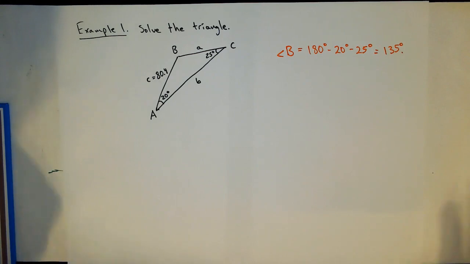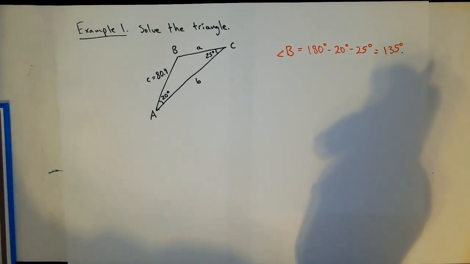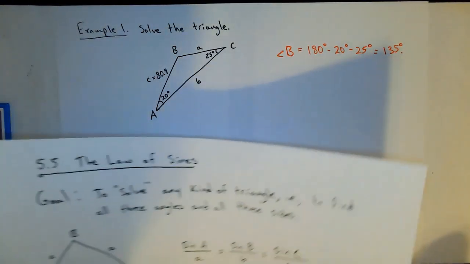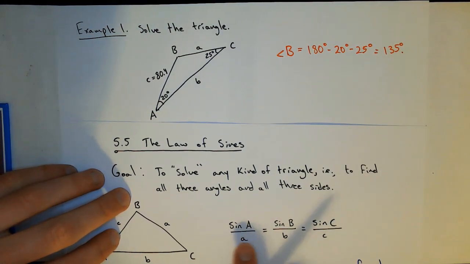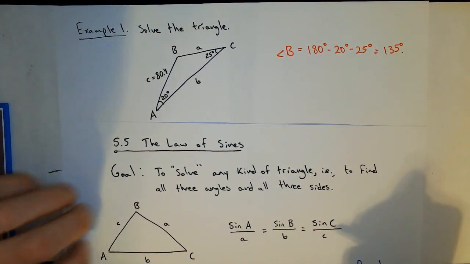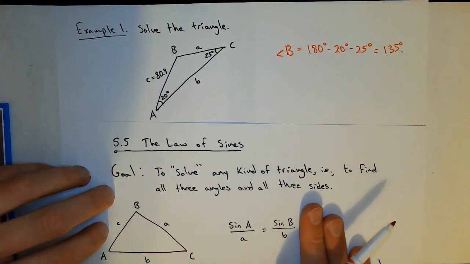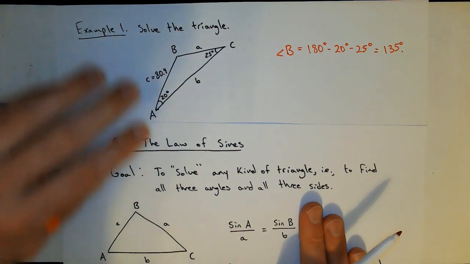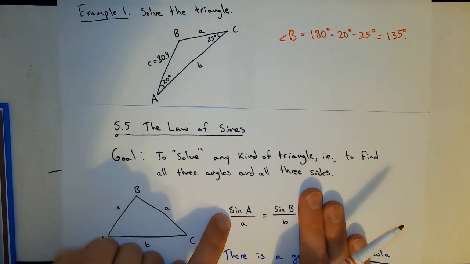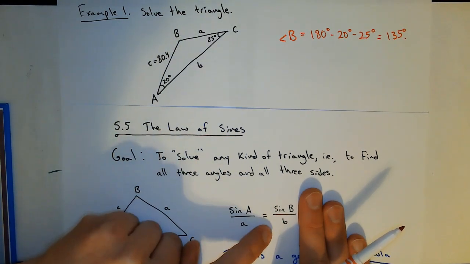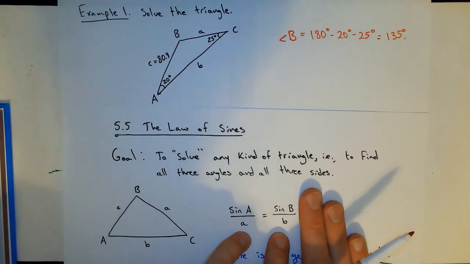We can use the law of sines for this. So, which of these relationships should we use? Well, for instance, we would not want to use this one, sine A over A equals sine B over B. Why? Because we don't know A or B, right?